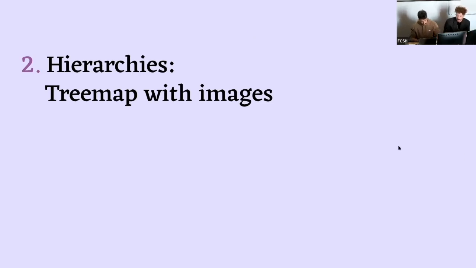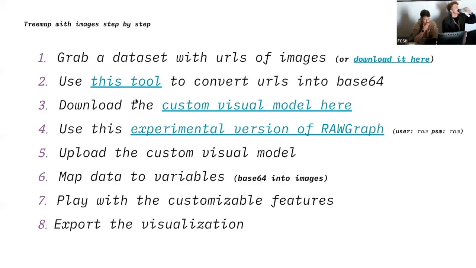Okay, great. So, these are the 4 steps we're going to follow for this treemap visualization. So, we're going right now to switch entirely to RAWGraphs, and to do that, we first need to download our dataset. It needs to have URLs with images.